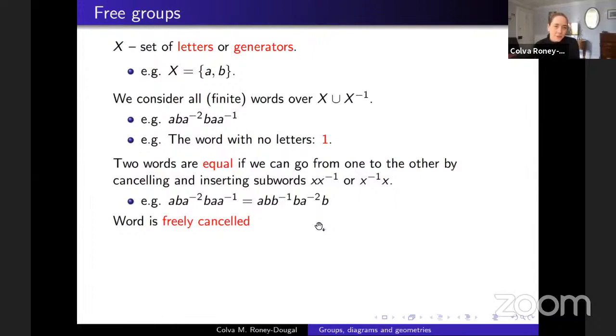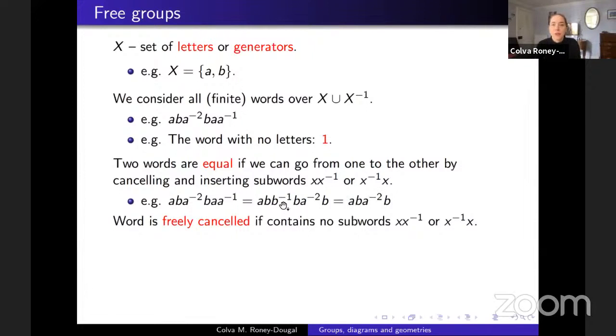I say that a word is freely cancelled if it's got none of these special subwords in it. So if I've removed all of the special subwords. So for the example we've got above there of A, B inverse, B A to the -2, B, that's not freely cancelled yet because it's got a B inverse B in it.